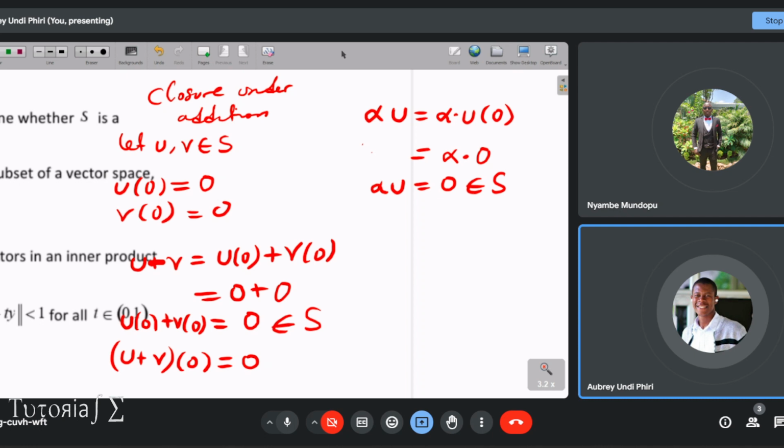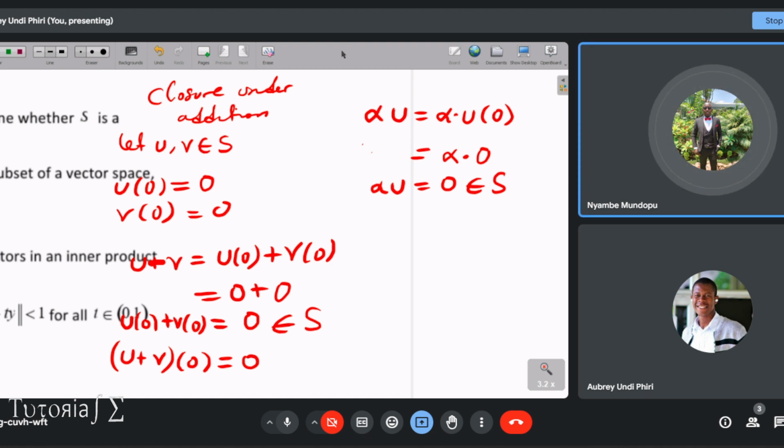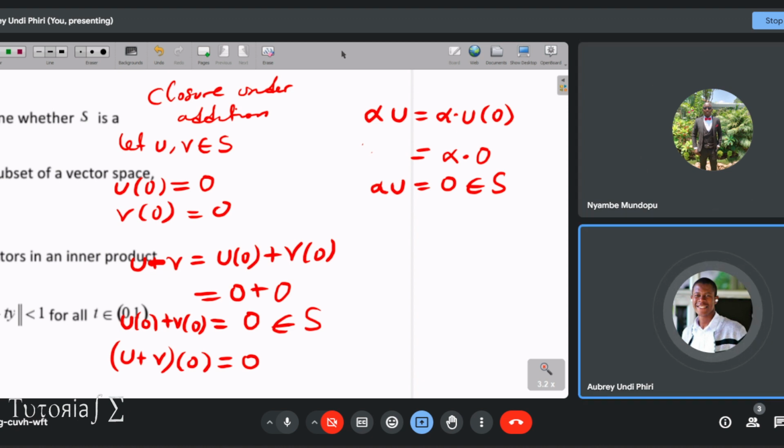All right, so having that said, what would be our conclusion since closure under addition and closure under multiplication have been verified? So they were trying to say this is also to determine whether it's a subspace or not. As long as the closure under addition and closure under multiplication have been verified, the two conditions have been verified, then we can conclude whether it's a subspace or not.